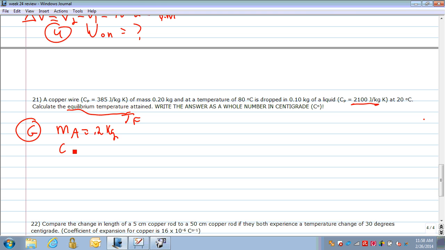And its specific heat is 385 joules per kilogram K. Its initial temperature is equal to 80 degrees C, but in this one we cannot use C. We have to change it into Kelvin by adding 273.